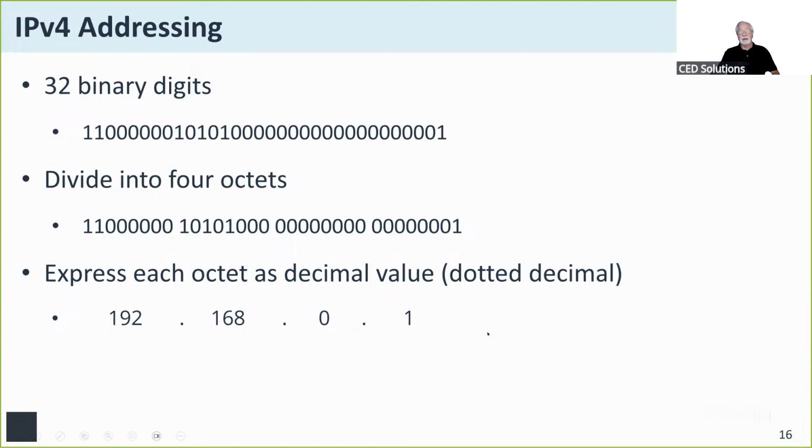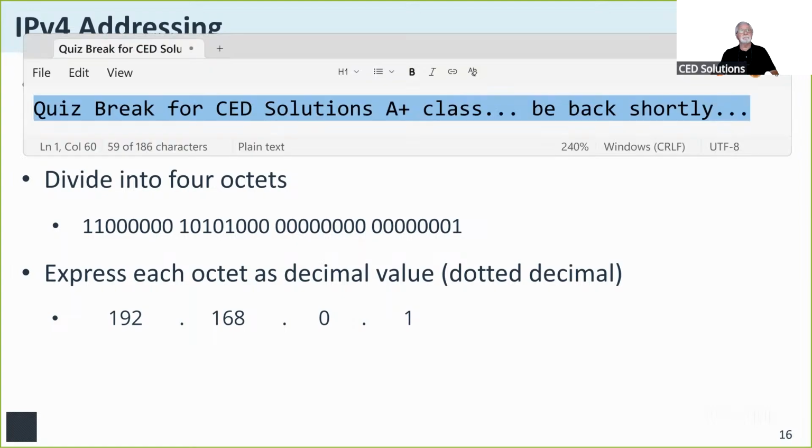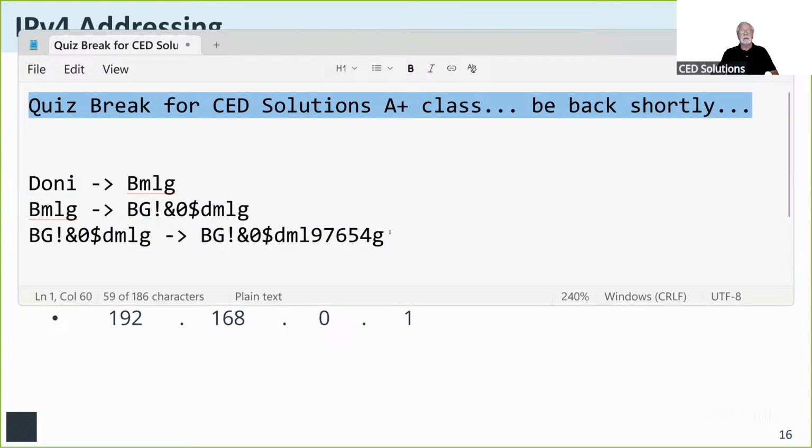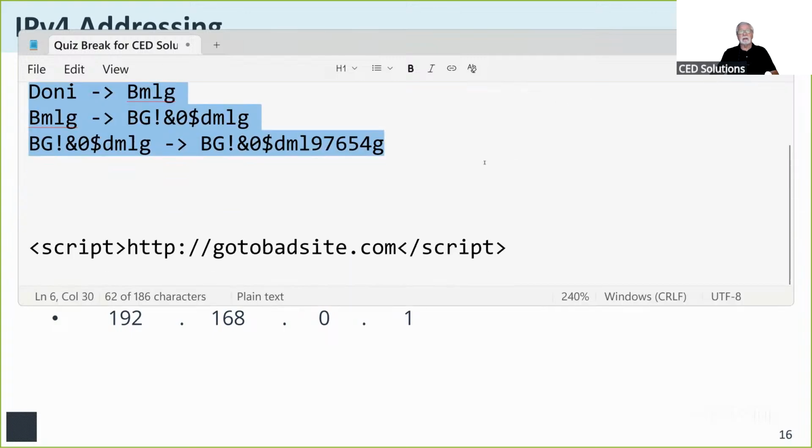Now, here's some fun. You guys ready to have a little bit of fun? I'm going to show you how we do the translation between binary and decimal. Let me pull this down here right quick. We'll use all that later too.